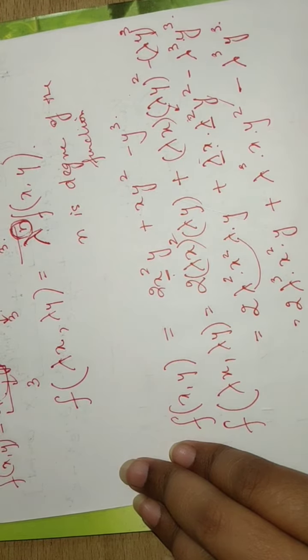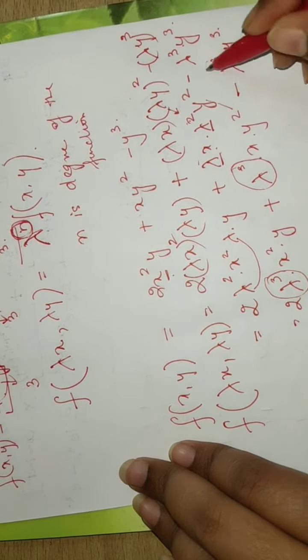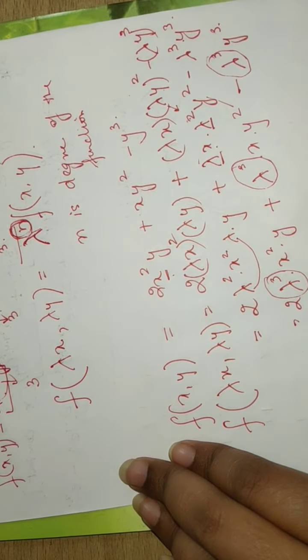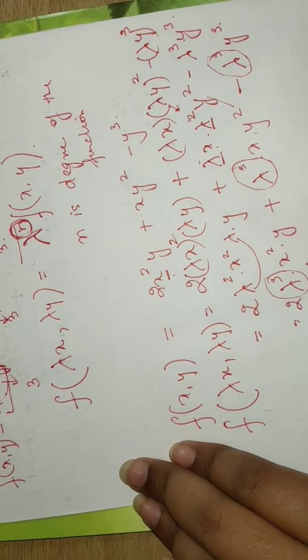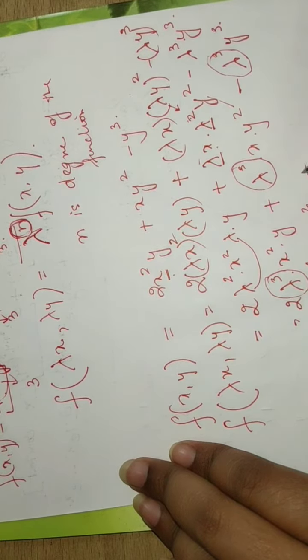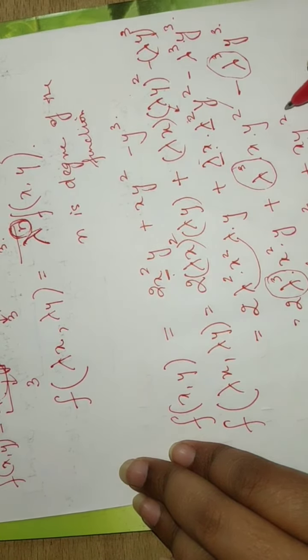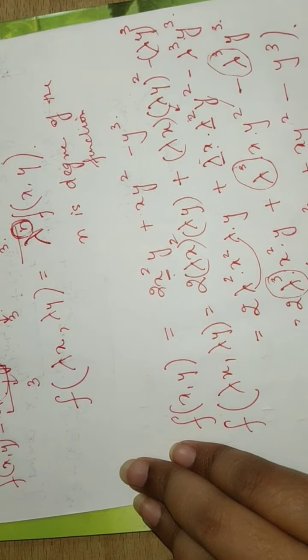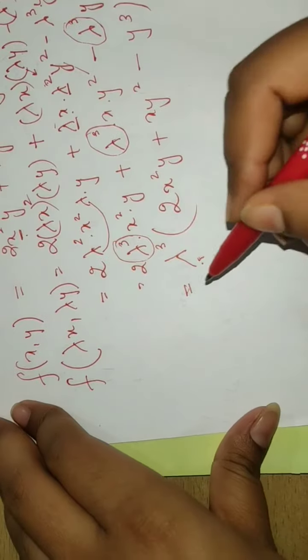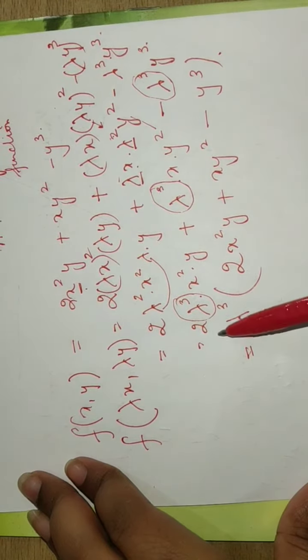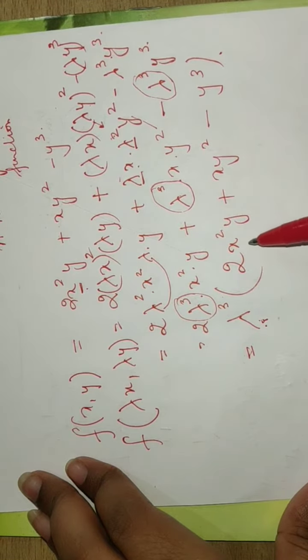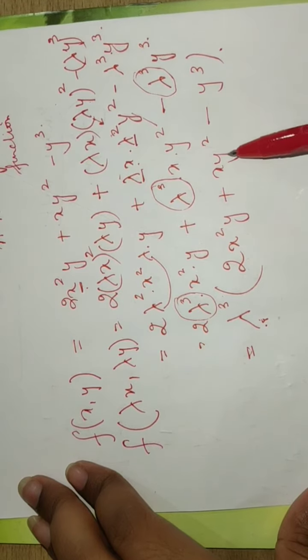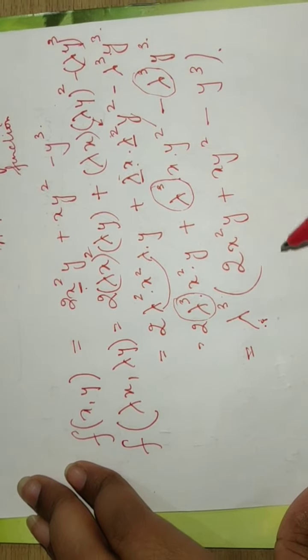Okay, now lambda cube is over here, lambda cube is over here, lambda cube is over here. We take out the common factor and write lambda cube into 2x square y plus xy square minus y cube.